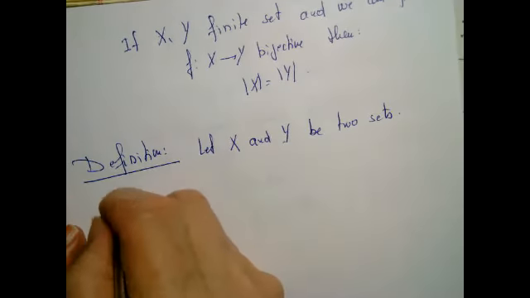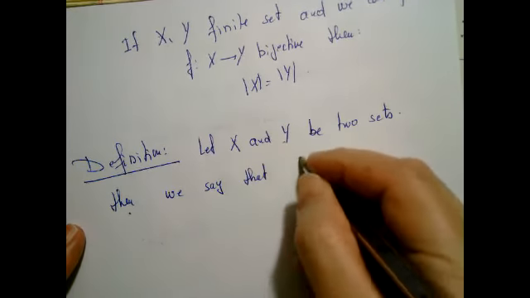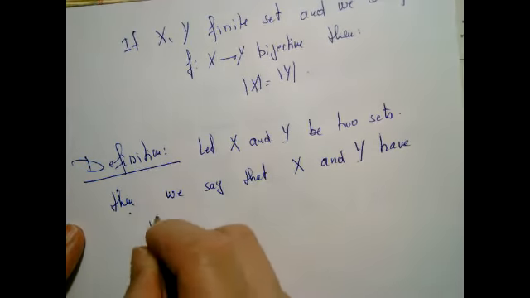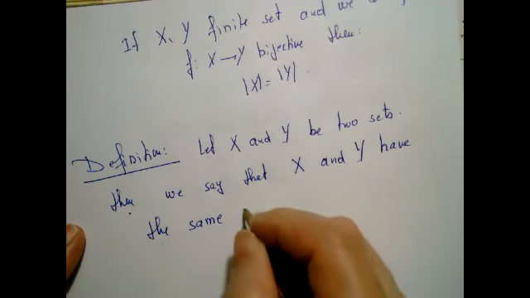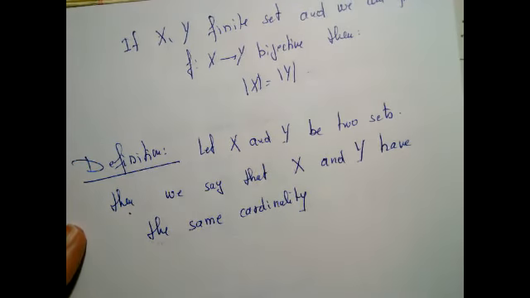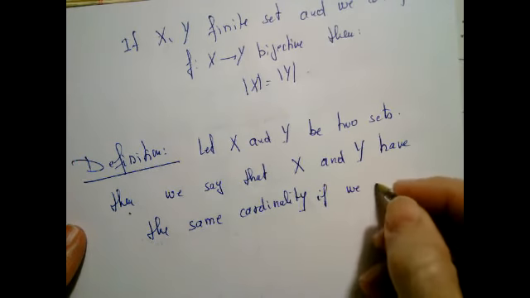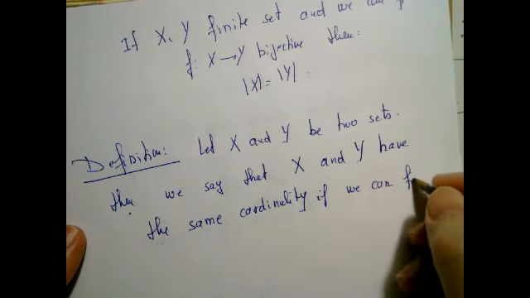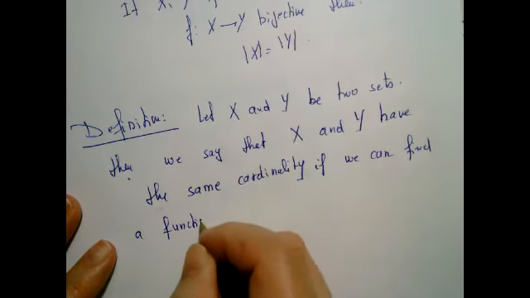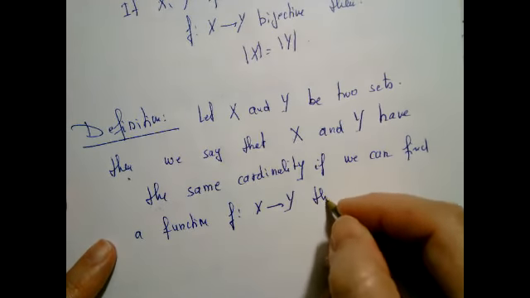Then we say that, and that's a definition now, that X and Y have the same cardinality if we can find a function f from X to Y that is 1-to-1 and onto.